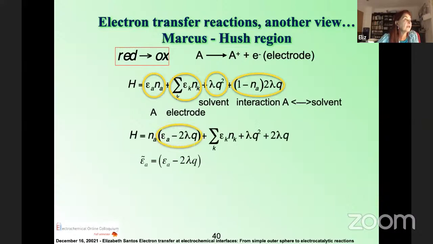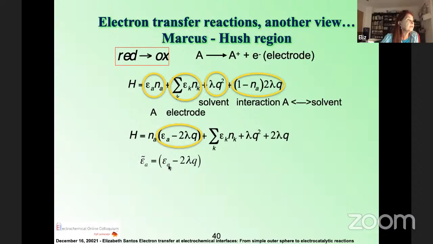We can reorganize this expression a little and put together the occupation of the orbital for A, and we define this epsilon.